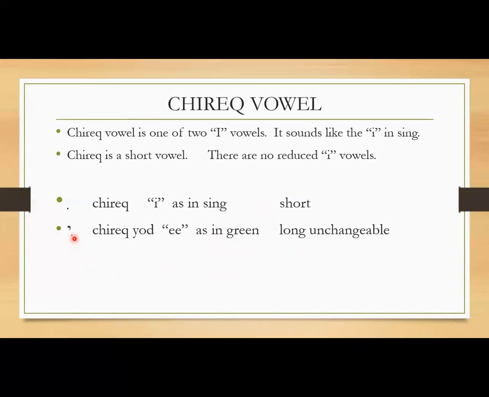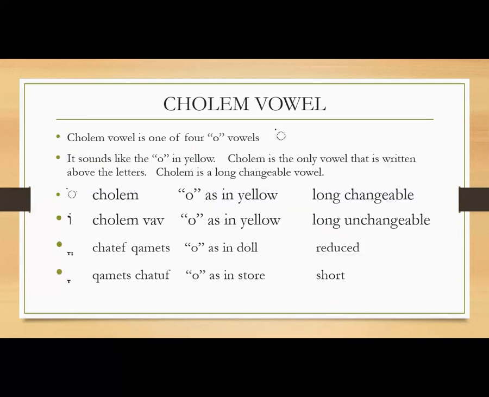If a vowel is attached to a yud, either the o, the dot on the head, or the u in the tummy, or the chirik yud, which is ear, or fly, then we call it long unchangeable. You can't change it. Although with the E, it's short, they call it the long unchangeable. Don't get confused. Just hang on.